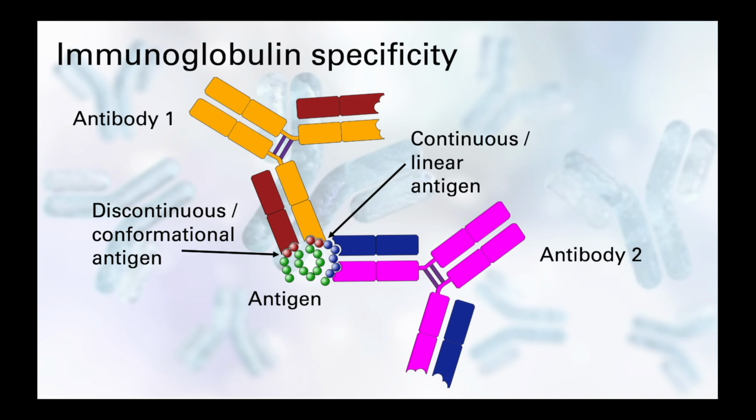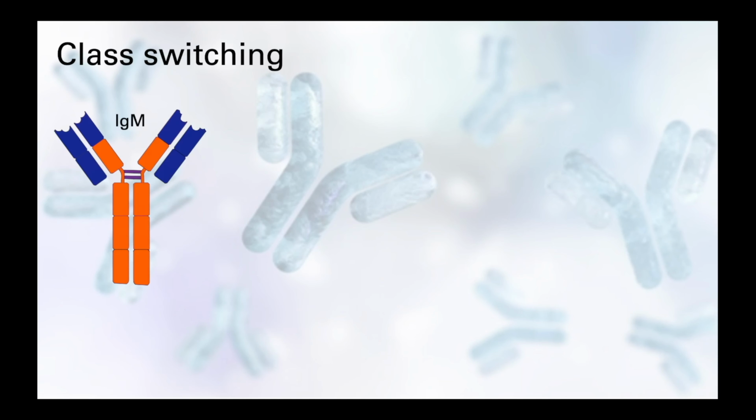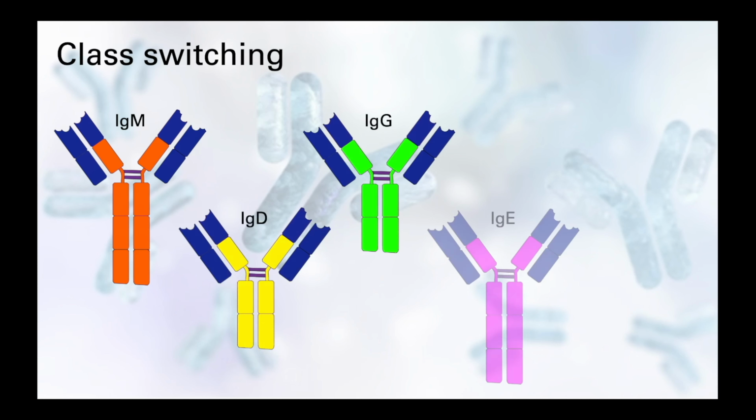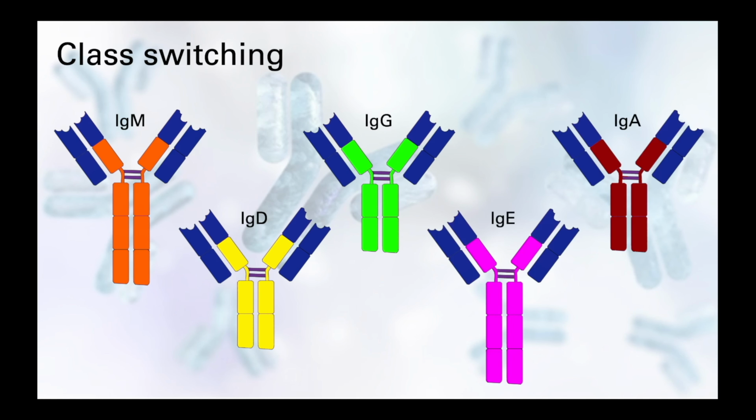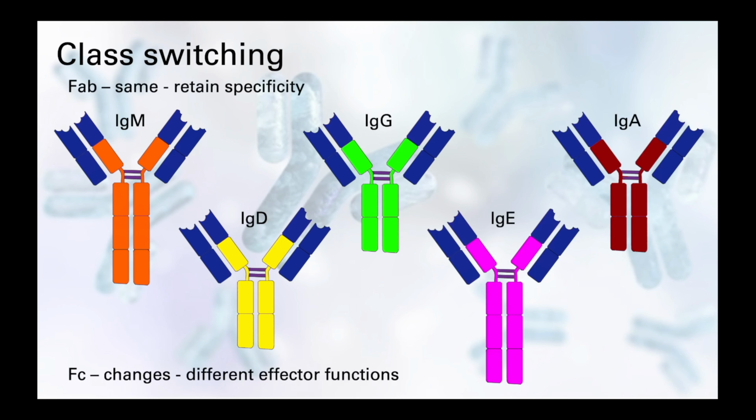Moving from the variable region to the constant region, we need to discuss class switching, which is a mechanism by which B cells can change their production of antibodies from one class to another. For example, from IgM in the primary immune response to IgG in a secondary immune response.